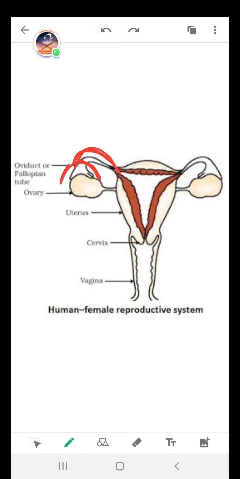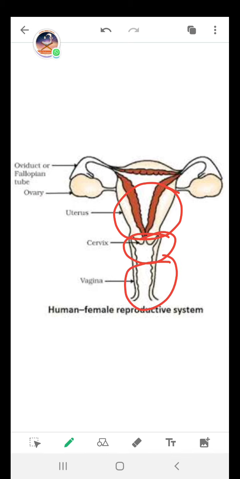Then we have a bag-like structure called the uterus. The uterus is connected to a narrow opening called the cervix, and the cervix is connected to another tube called the vagina.